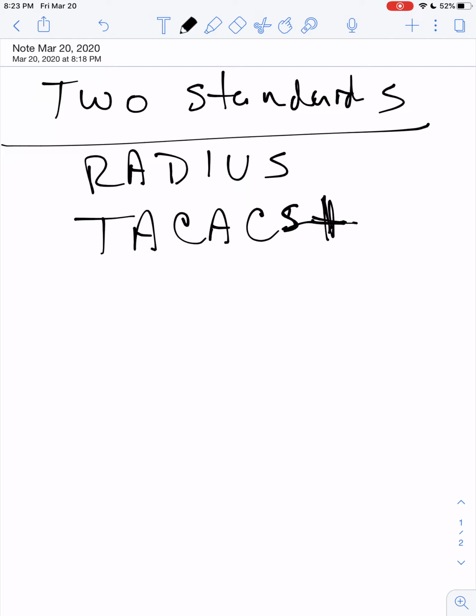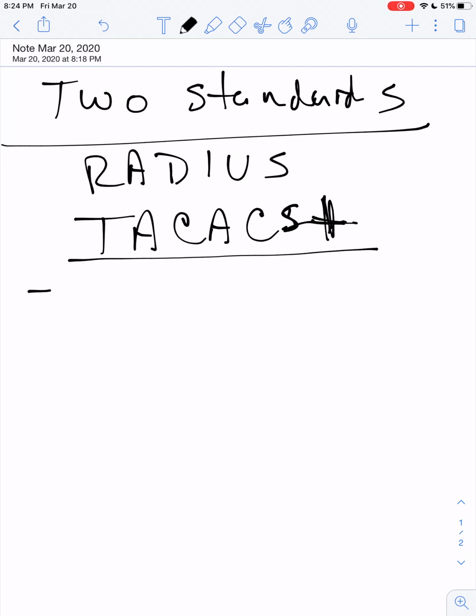It's important that you understand TACACS Plus is not a derivative or a new version of TACACS. TACACS is different in the way it was conceived. So just keep that in mind. If someone says they're running TACACS, verify that, because most people are running TACACS Plus. This is a protocol developed by Cisco, and we'll discuss that in a few minutes.